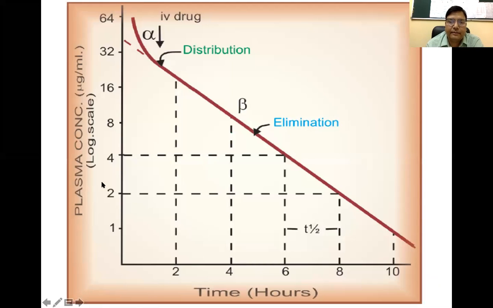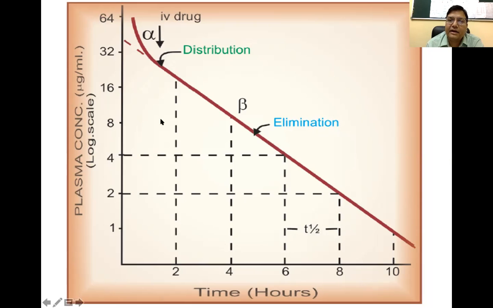So if this is the plasma time concentration curve and a drug is being given by intravenous route, we see a very sharp fall, that is alpha. This is because once we are giving an IV drug in the vein, it gets distributed in the body. So rapidly the plasma concentration will fall because it is being distributed throughout the body.